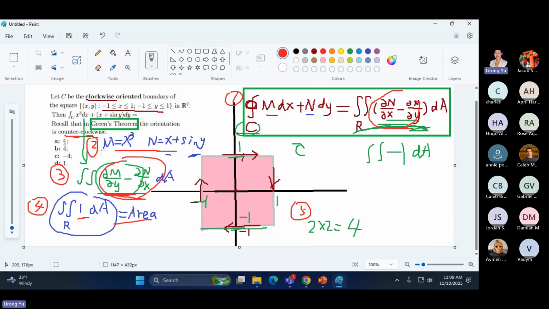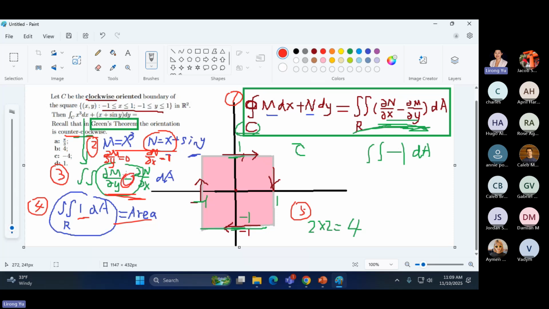Oh, I realized there was a -1, isn't it? Yes, I know you guys were right. There is a negative right there. dN dx is 1, and dM dy, you put a 0, so dN dx equals 1.